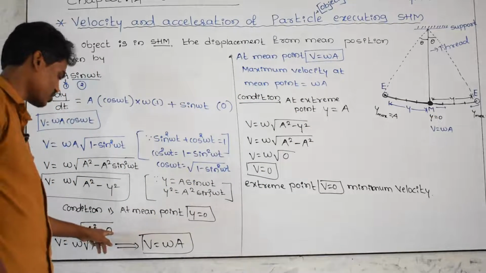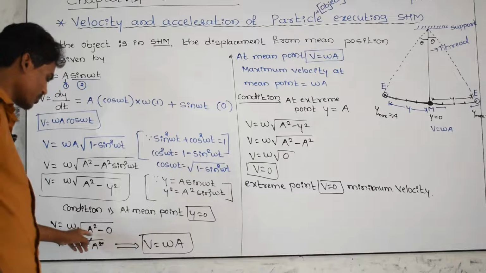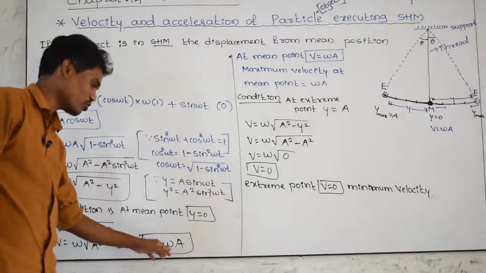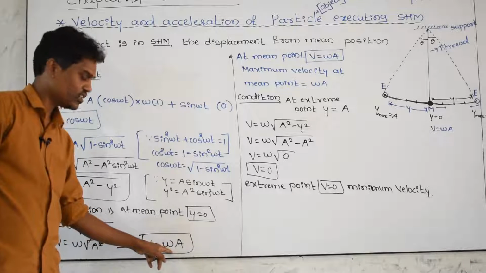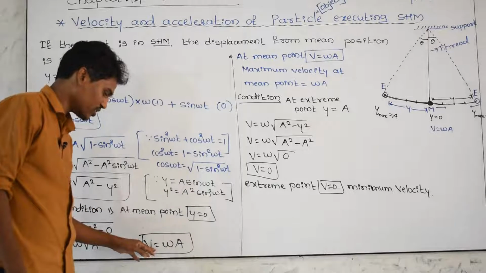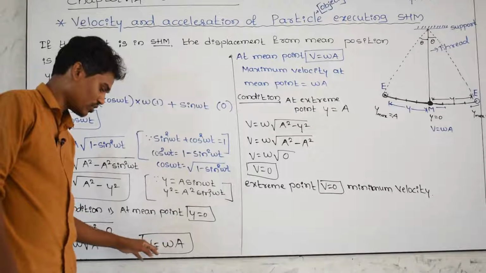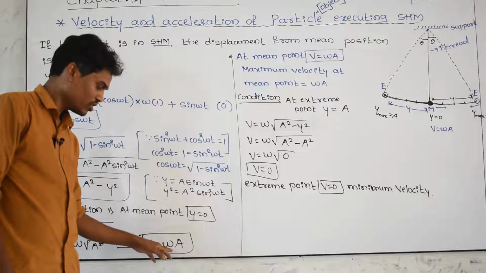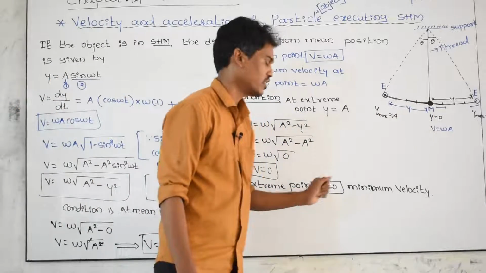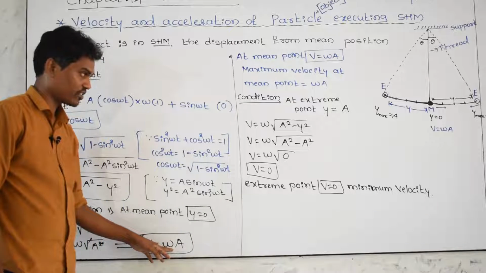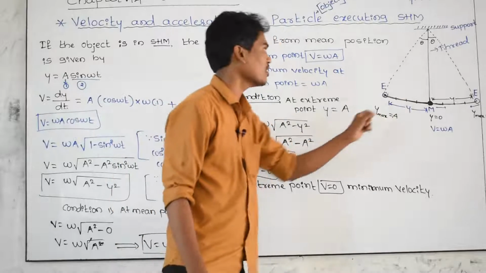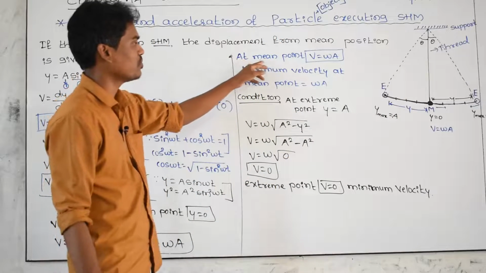Substitute here, y is equal to 0, then omega into root of a square as it is, and square and root get cancelled, a comes out, velocity is equal to omega into a, angular frequency into amplitude, which is the velocity. After obtaining the value, the magnitude of velocity is not 0, means the velocity is maximum at the mean position. At mean position the velocity of the object executing simple harmonic motion is not 0, in the sense that it is maximum velocity.